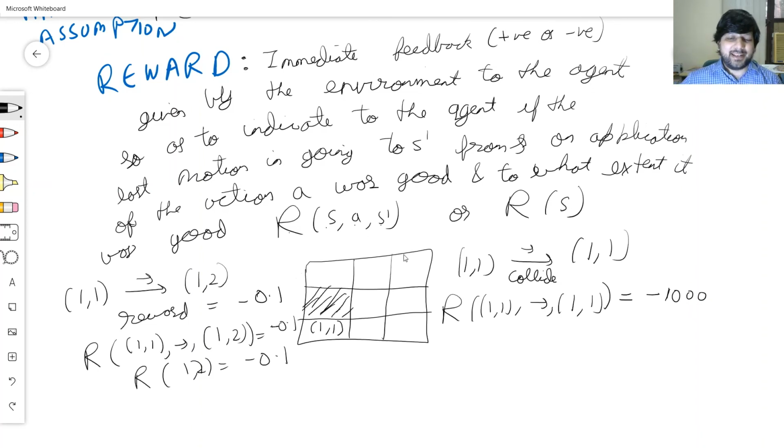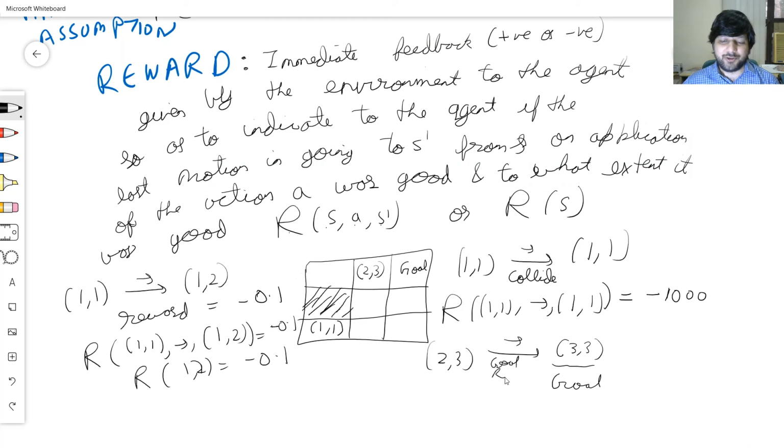And let me take in another example. Let's say this was the goal. So I am at 2, 3. I took the action right. I did not slip. I went to 3, 3, which by the way was the goal. So goal reached. So the reward for this is plus 10,000. I'm very happy I reached the goal.